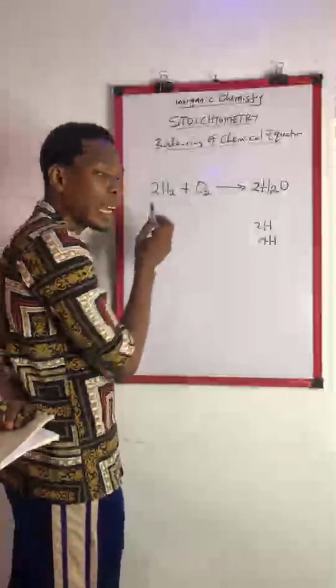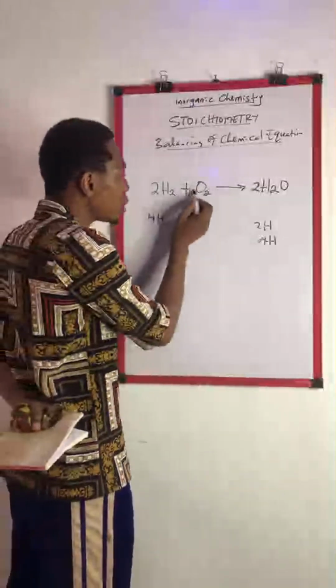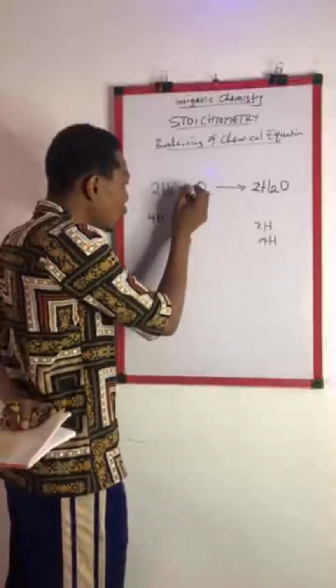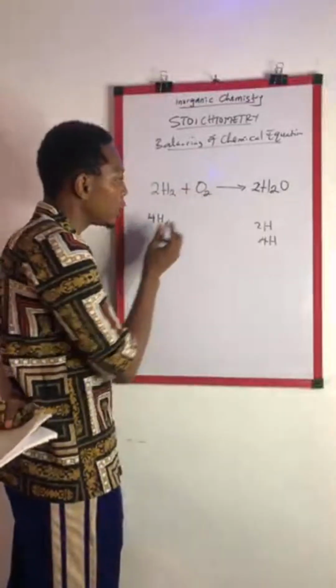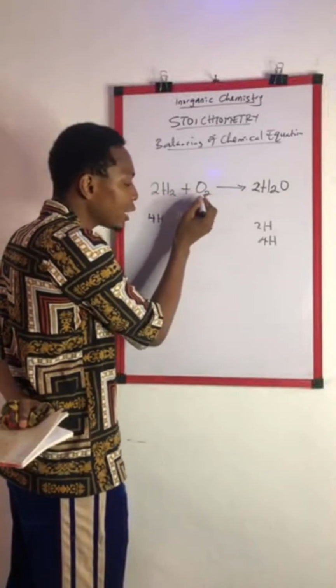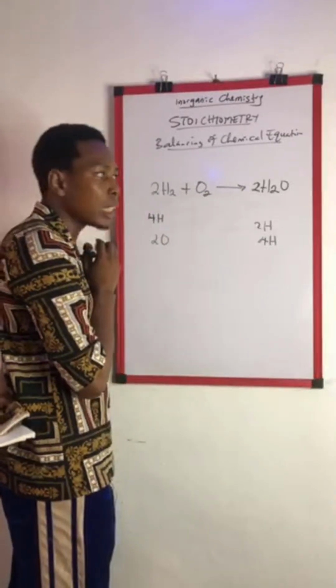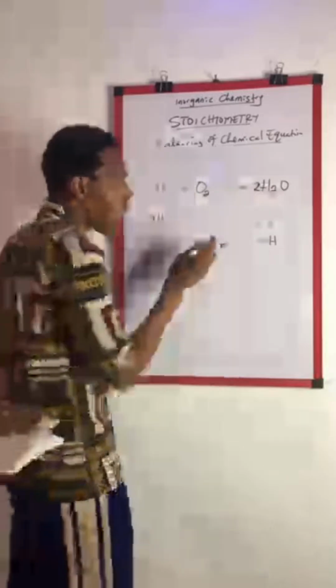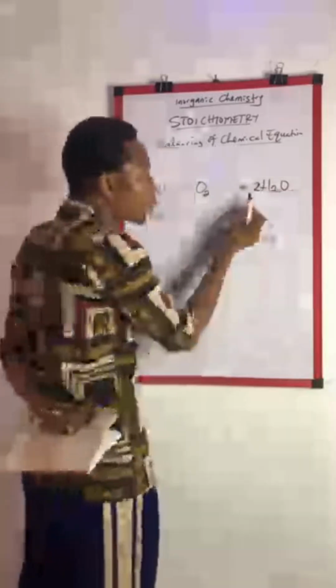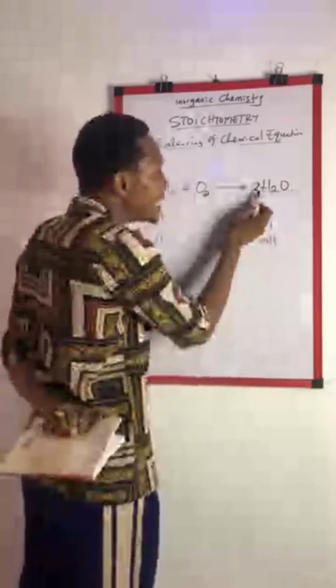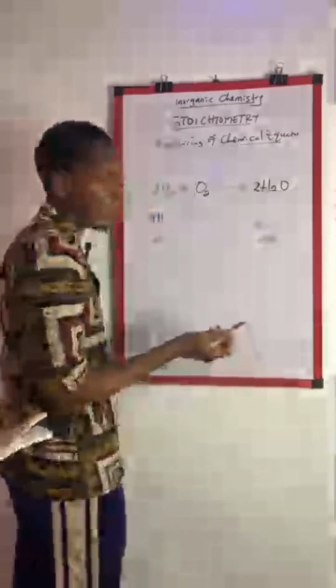Then the next one there is oxygen. How many oxygen do we have here? We have 2 oxygen. I have an invisible 1 here. 1 times 2 is 2. So here we have 2 oxygen. Then at the product side, how many oxygen do we have? Remember, I told you that this 2 here is affecting everything.